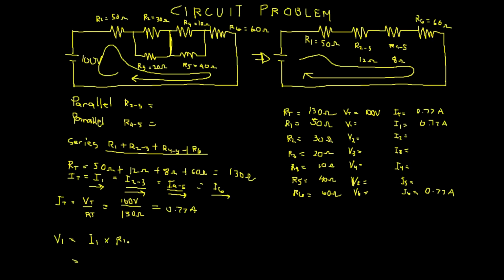Ang I1 natin is 0.77 ampere, imumultiply natin sa R1 na 50 ohms. So, ang voltage ng 1 natin is 38.5 volts.